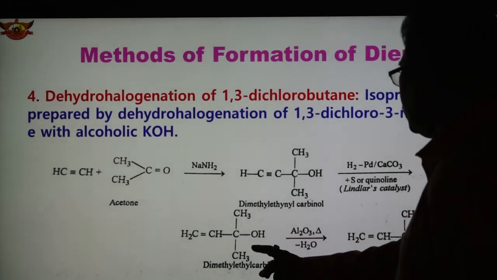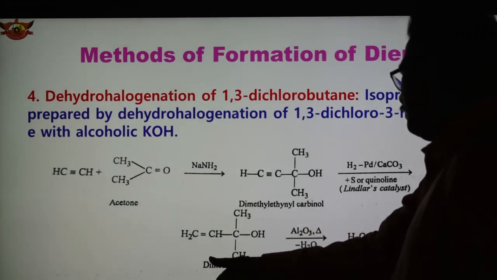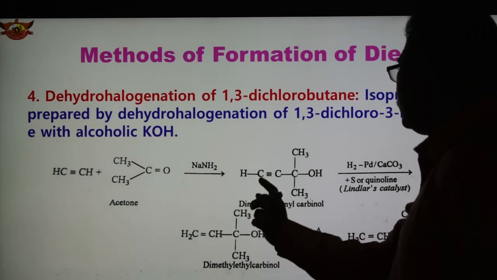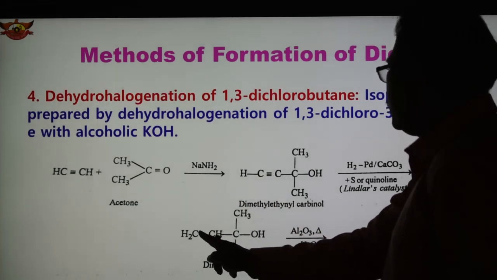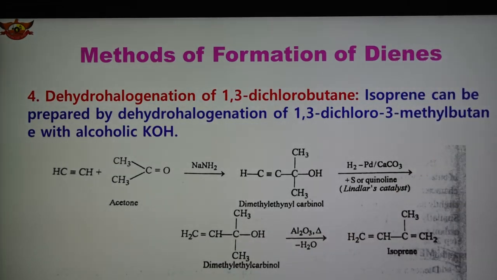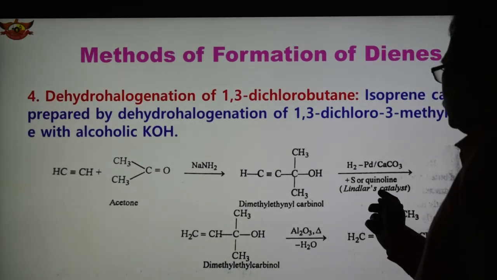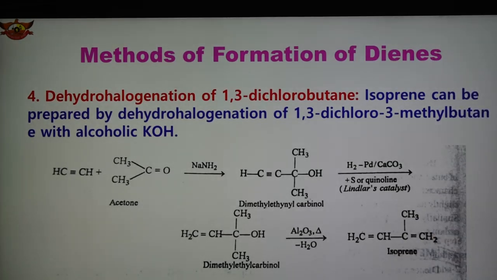The acetylide group and OH are as they are, and the triple bond becomes a double bond, because addition occurs: one hydrogen here and two hydrogens here, so we obtain CH2=CH. So in this way we obtain dimethyl vinyl carbinol.